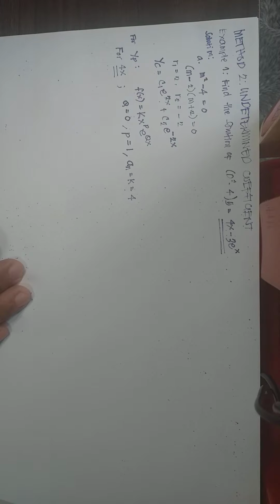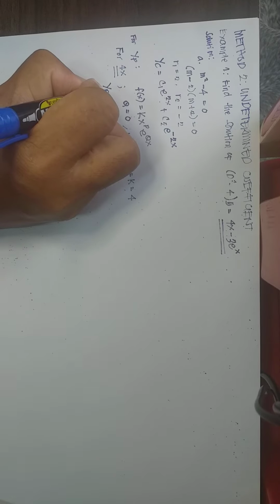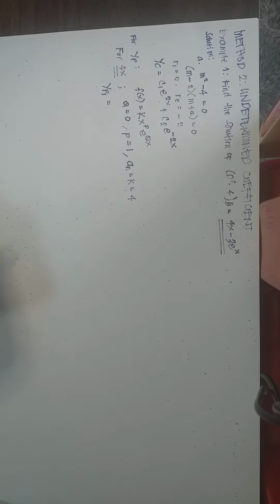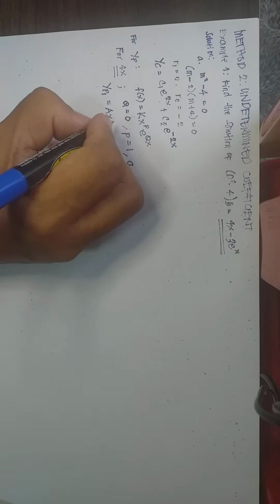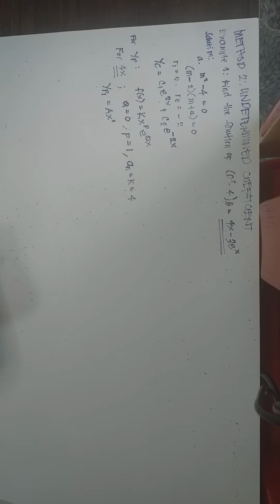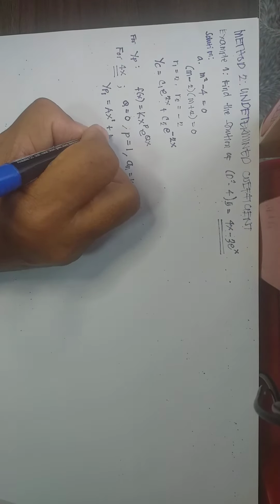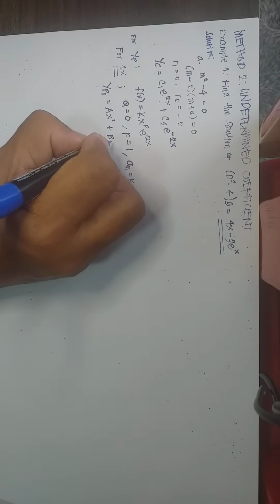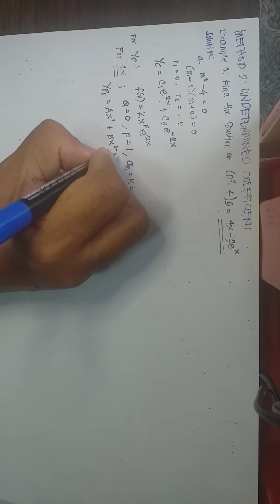Okay? So, based on the rule, your yp sub 1 is equal to, rule number 1, a x raised to p, that is 1, plus b x raised to p minus 1.